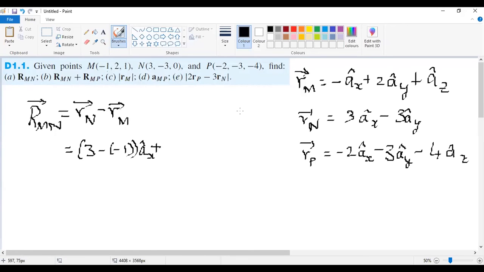Minus 3 minus 2, you can take it from here. 3 minus minus 1 ax minus 3 minus 2 ay. Then plus the az component, which is 0 in N and 1 in M. So it is 0 minus 1 az.